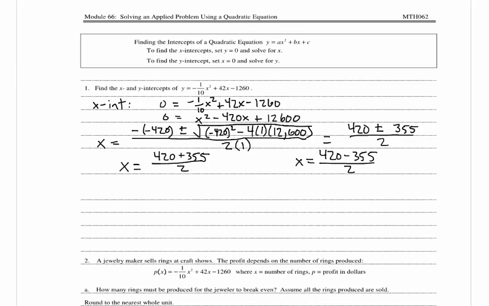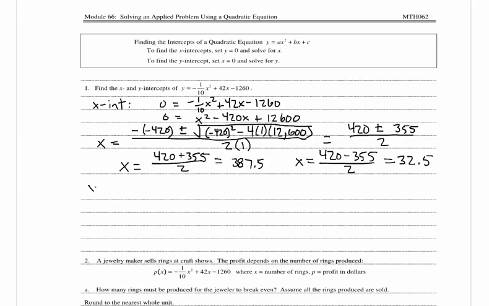In our first equation, 420 plus 355 divided by 2 is equal to 387.5. And in our second equation, 420 minus 355 divided by 2 is equal to 32.5. So we have x-intercepts at 387.5 and 32.5.